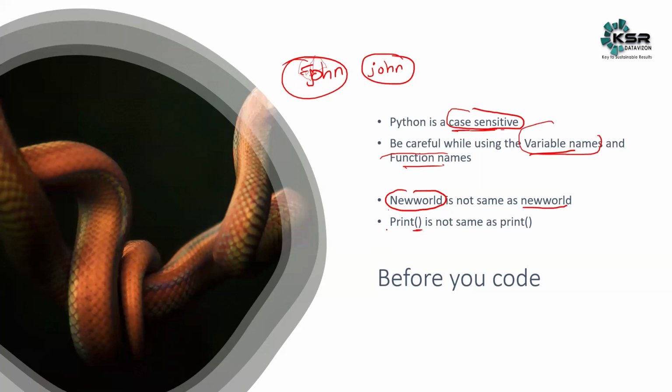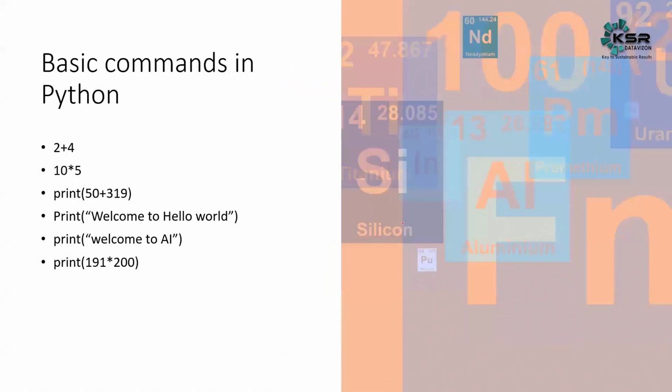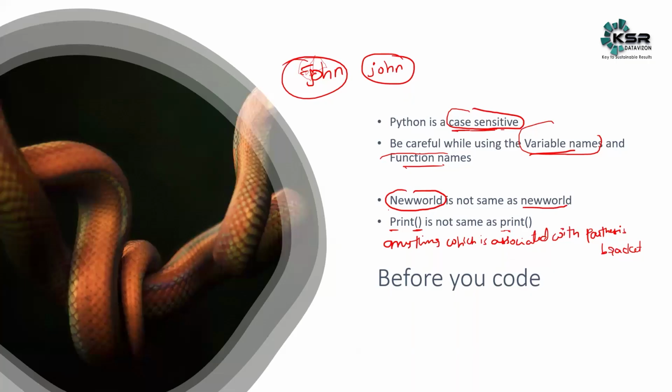That is called a function. Basically, here print is a function. Here also, capital P and small p are not the same. It is different. Understand some of the basic commands, guys.